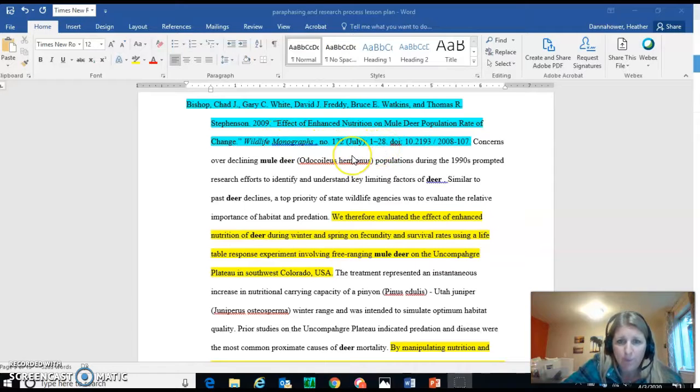Maybe we're doing a literature review of mule deer and habitat conditions. And as I was reading, I found this information highlighted in yellow.